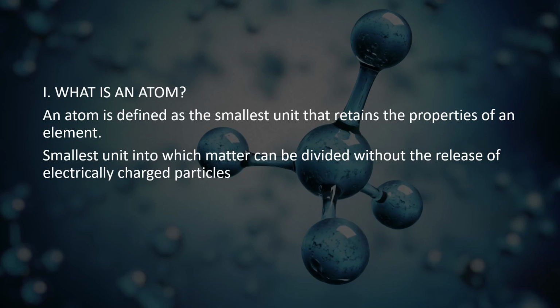Okay? So to recap our different classifications of matter based on our previous discussion, we have learned that a mixture contains substances, and substances are made out of elements, and elements are made out of atoms.